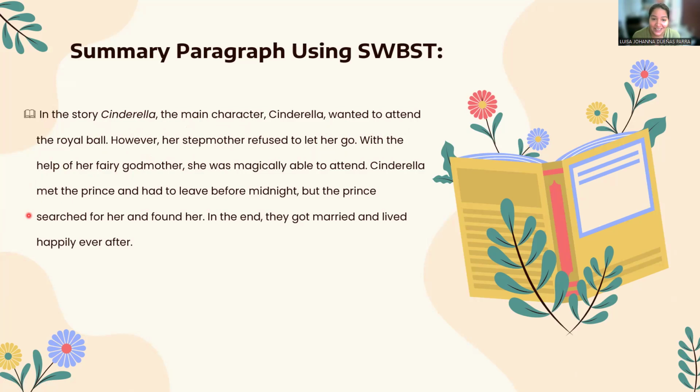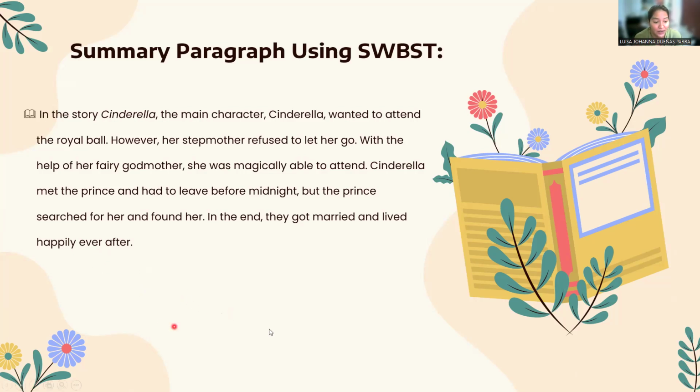In the end, they got married and lived happily ever after. Remember, this strategy supports the student in identifying the plot structure and focuses on the most important parts of the story.